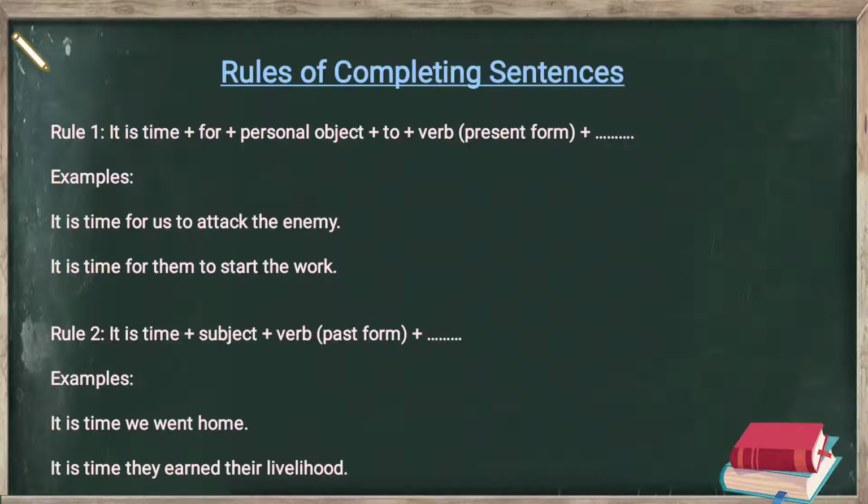Very good. That means you are attentive. No, it is time for us. You have to use "to." You must use "to," then the present form of the verb, then the extension. Very good.